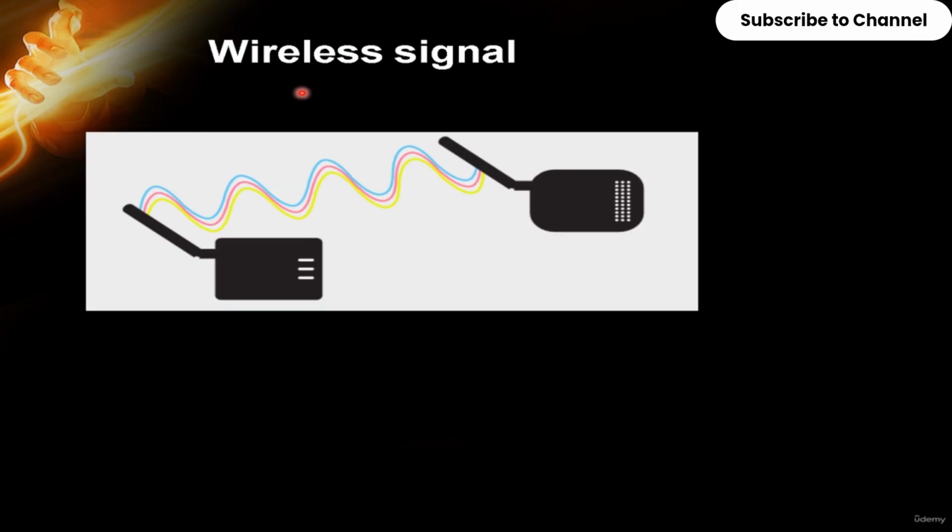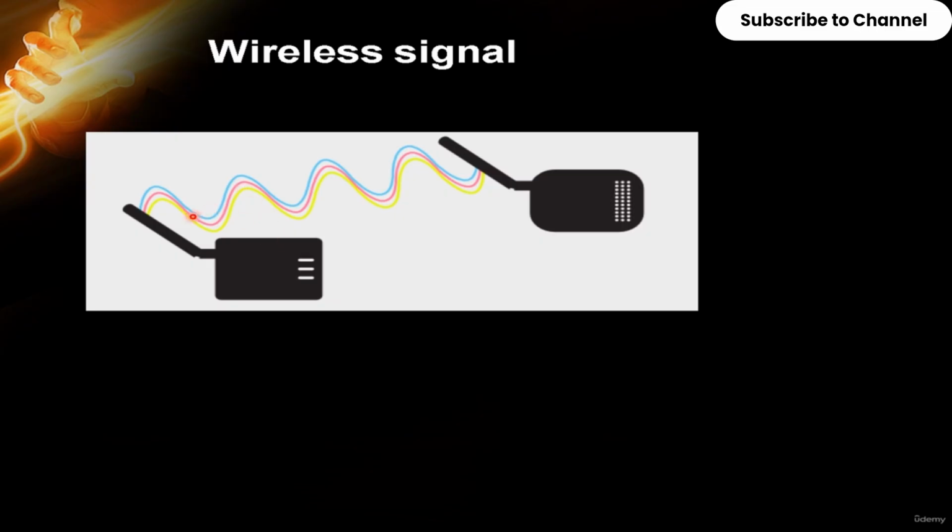How does wireless communication take place with the signal? Wireless signals are important because they can transfer information such as audio, video, voices and data without any wires, which is very useful for real-time applications.